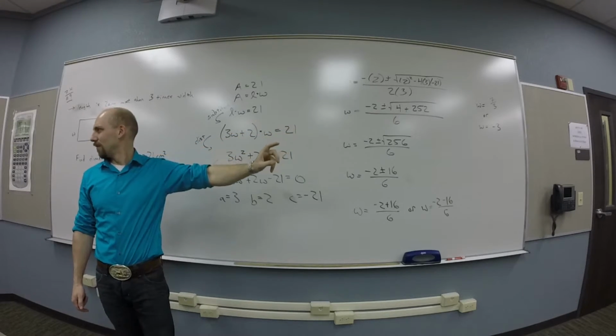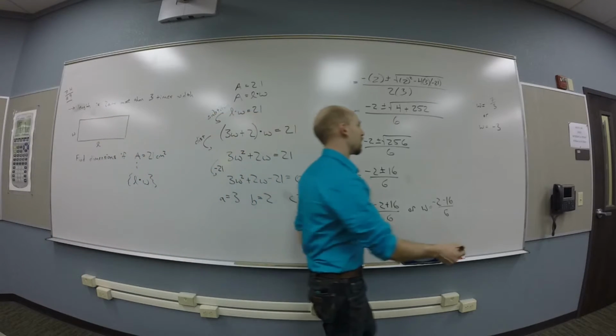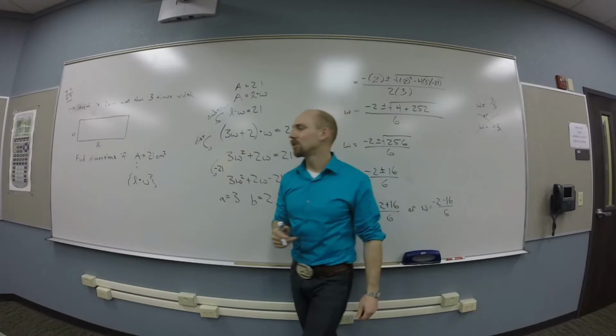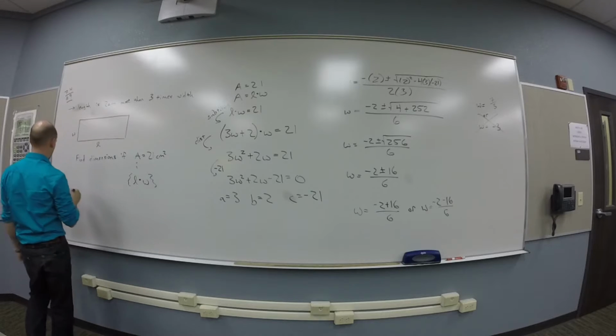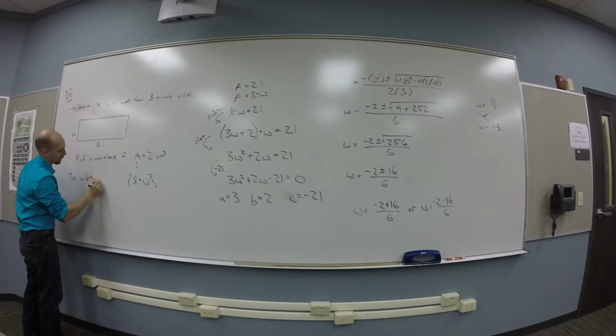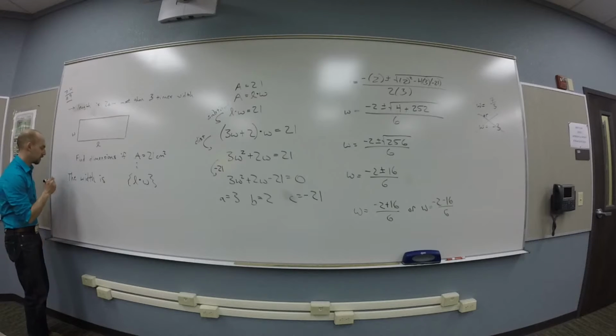It's not going to be negative 3, right? So I really could cross that one out. That one doesn't make any sense. So the width is 7/3 centimeters.